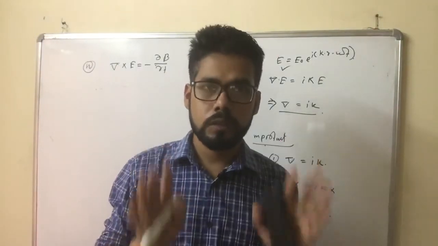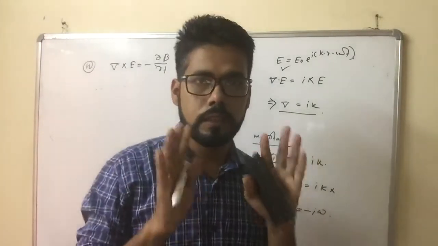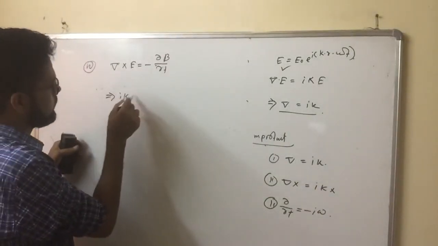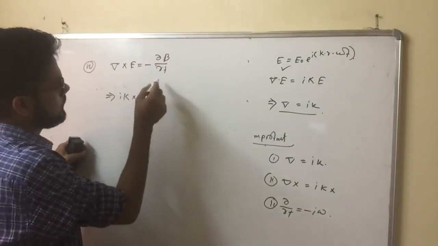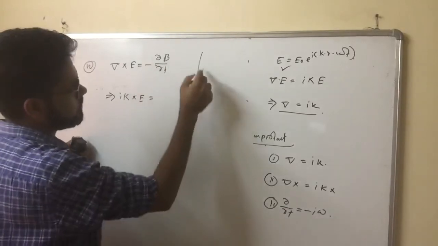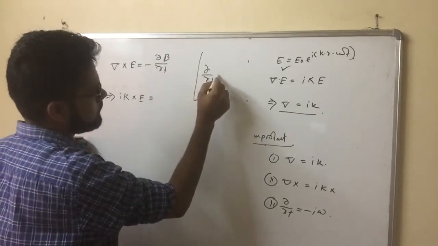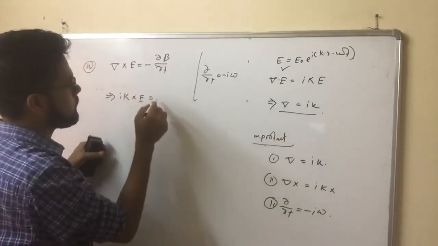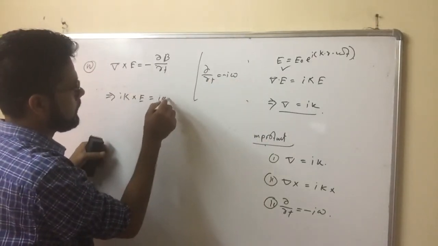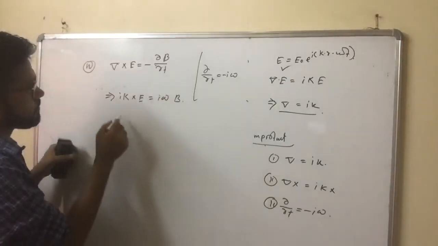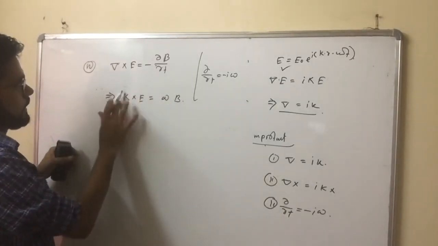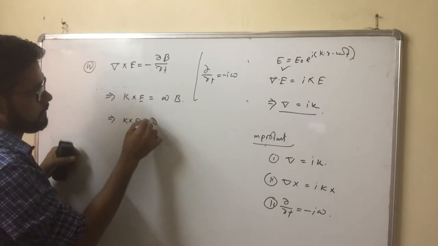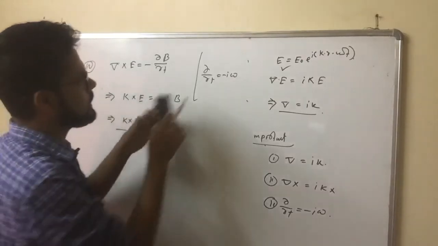So to avoid that calculation, I give you short terms. Just put del equal to ik, so ik cross E equals, with del t equal to minus i omega, minus times minus, plus i omega B. Is it okay? So i cancels: k cross E equals omega B. Now you tell me, what is the meaning of this equation?